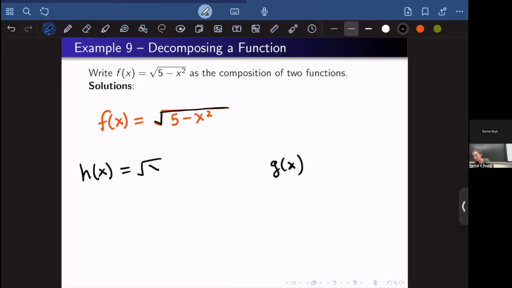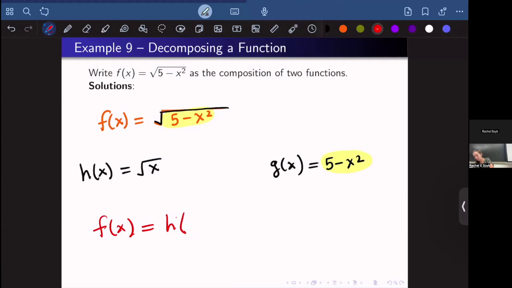So we'll call that square root of x. And then our g of x can represent the inside portion, our 5 minus x squared. So f of x is essentially our h of g of x, also known as hog.